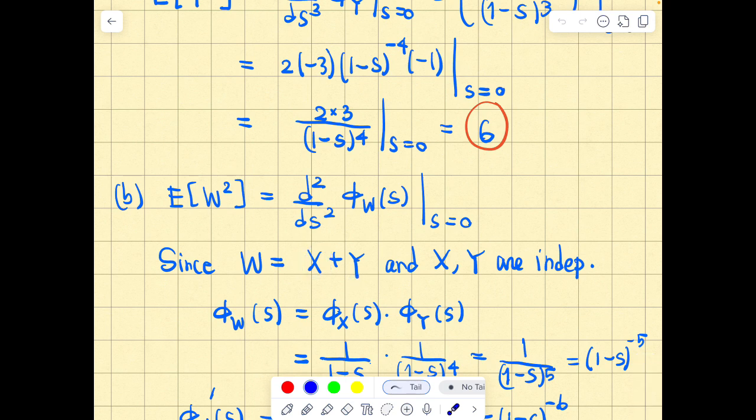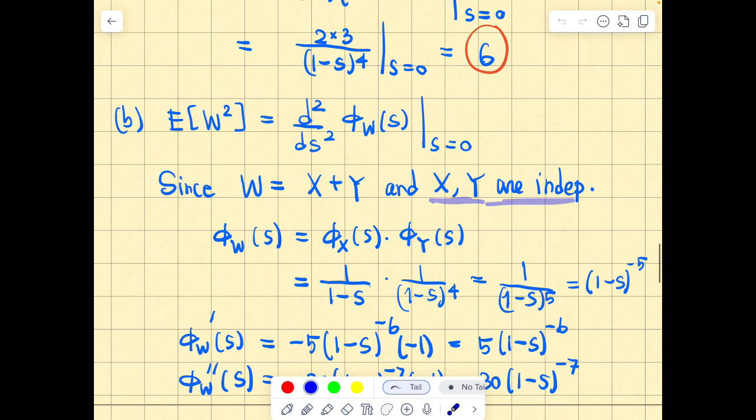We know that v and y are independent of one another. So the moment generating function of w would be the moment generating function of v multiplied with the MGF of y.